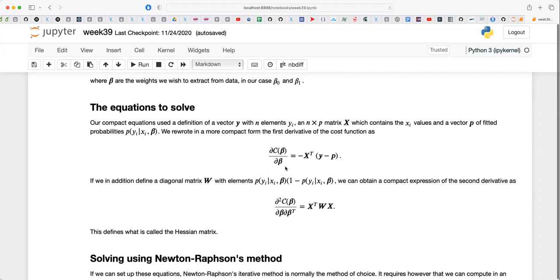So remember that when we calculated the second derivative for the mean squared error, the cost function we had for ordinary least squares, then that was given by the design matrix transpose times x. And when we did the singular value decomposition analysis, we could then show that all the eigenvalues of x transpose times x are positive. And that means that we are dealing with a convex optimization problem. And the same thing applies for logistic regression.